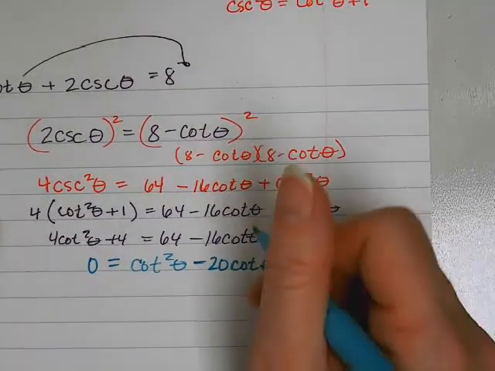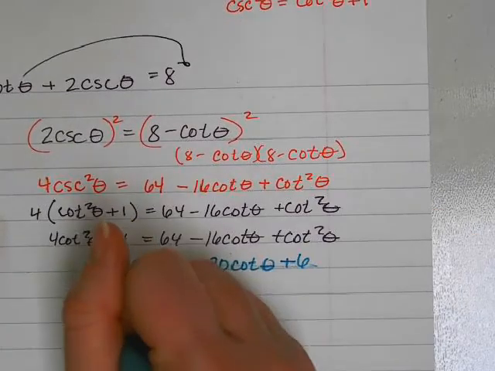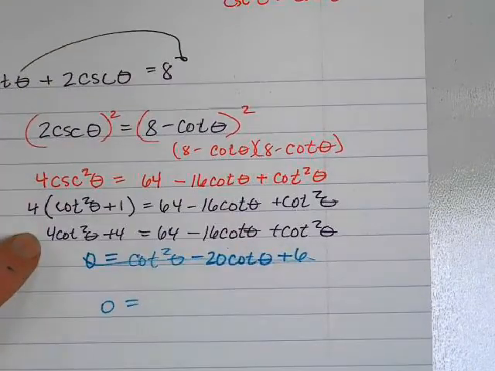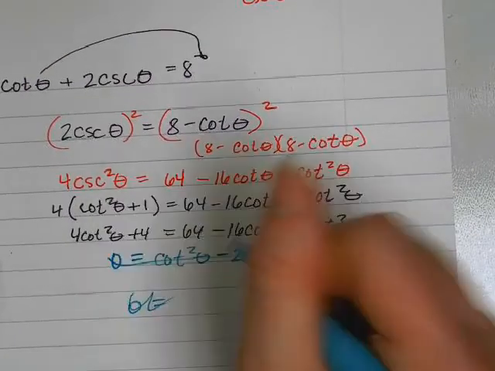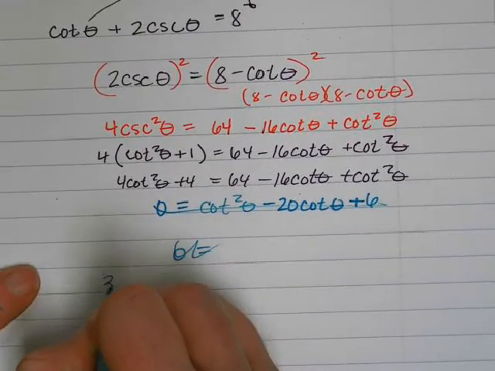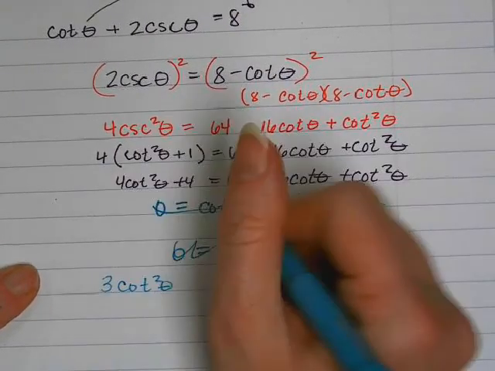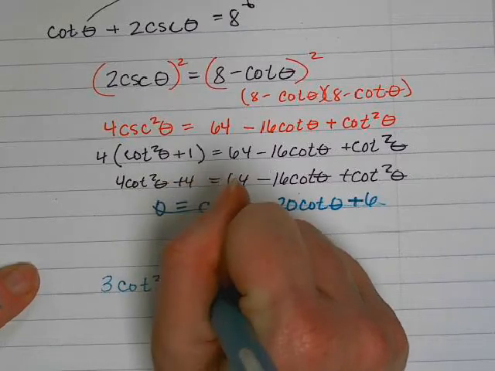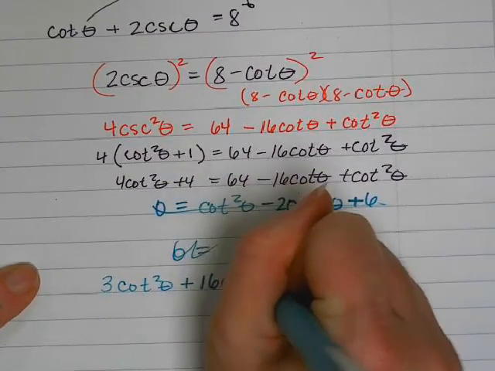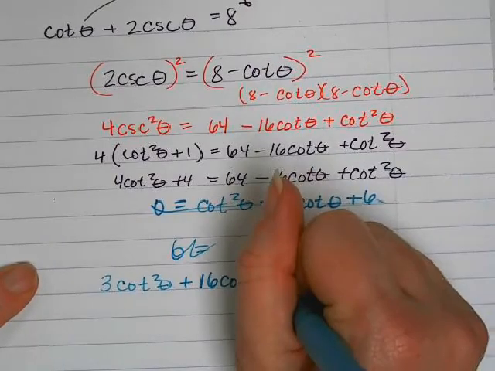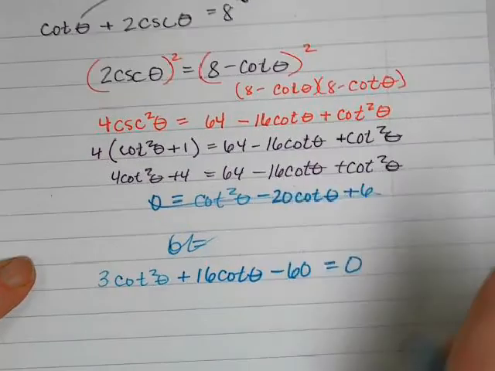Thank you. I can move the other way. So that's going to be 3 cotangent squared theta, move that to this side, plus 16 cotangent theta, and move that to this side, and that's going to be minus 60.